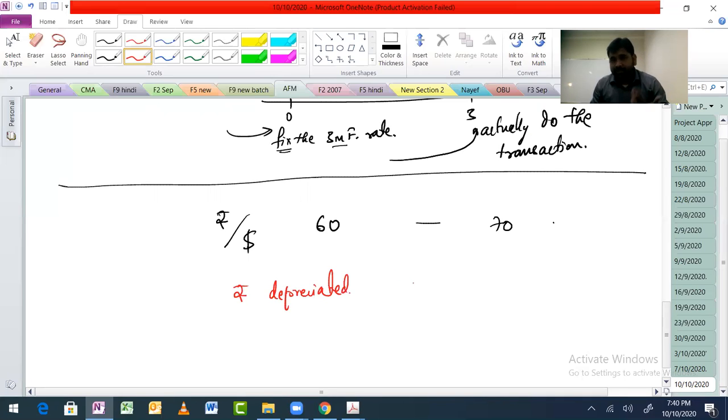And the other thing obviously is dollar appreciated, strengthened over this period. Correct? Now these two things are almost similar in language, right? So if I am saying rupee decreased, that means dollar gained more strength.